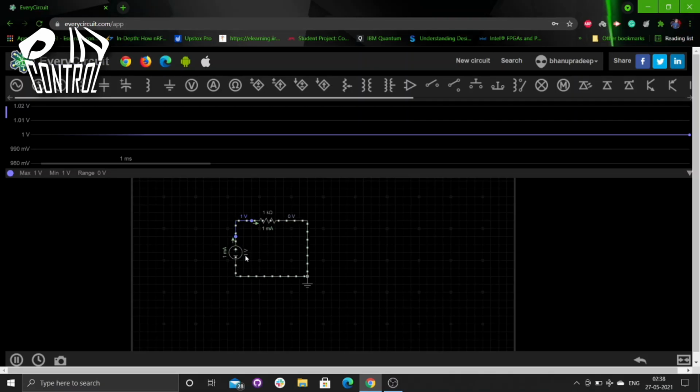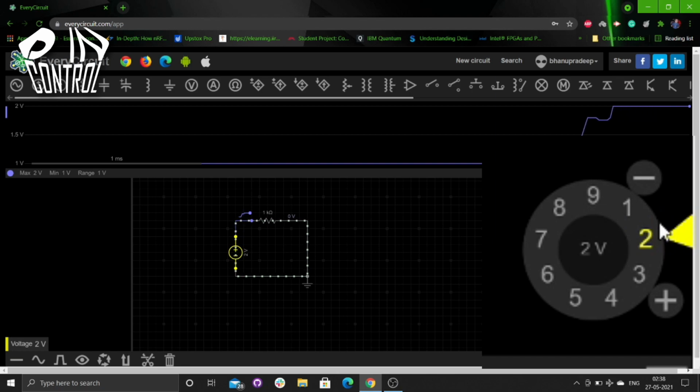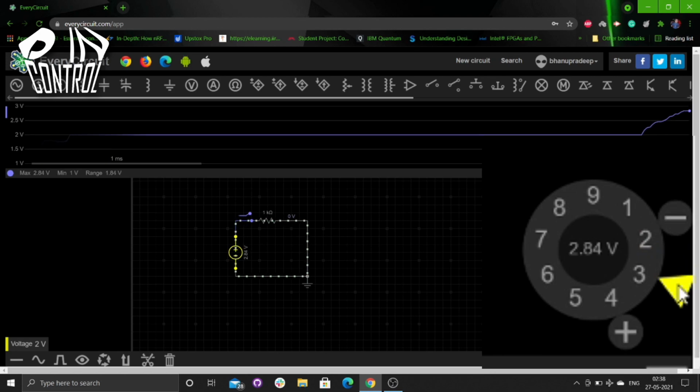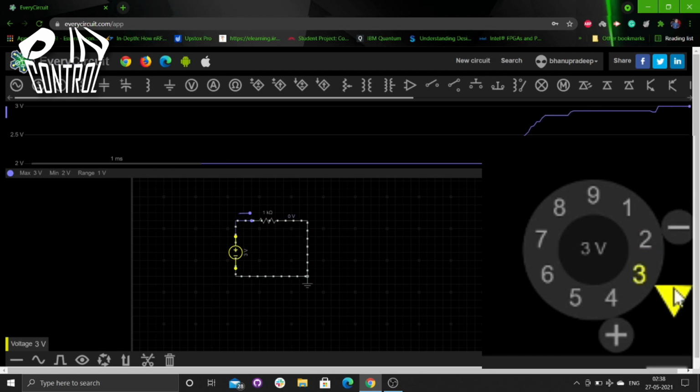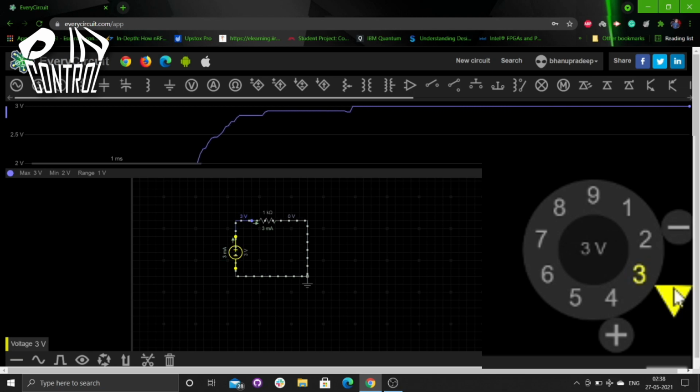Now we will see what happens by changing the voltage and resistance, whether it is increasing or decreasing. First we will check with the voltage. Now I am keeping 2 volts as an input and 1 kilo ohm resistance, it gives 2 milliamps current. And if I keep 3 volts, as I am increasing voltage by keeping the resistance constant, the current is increasing.